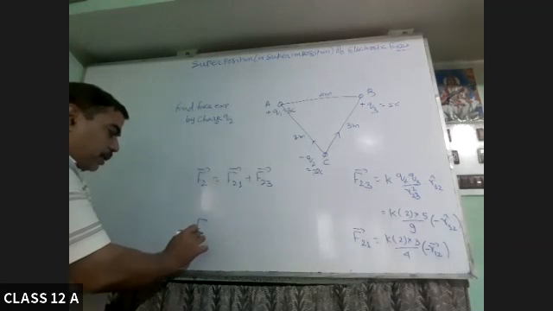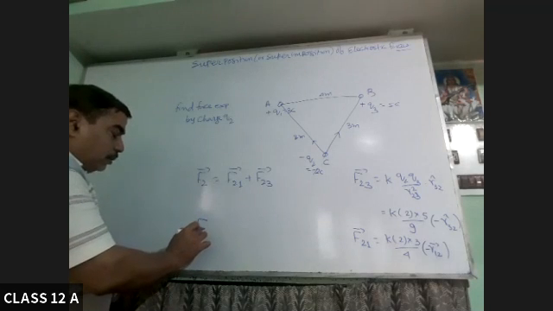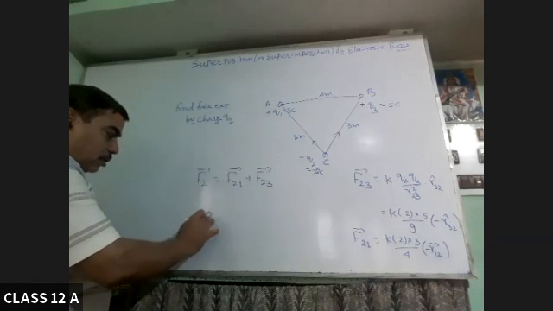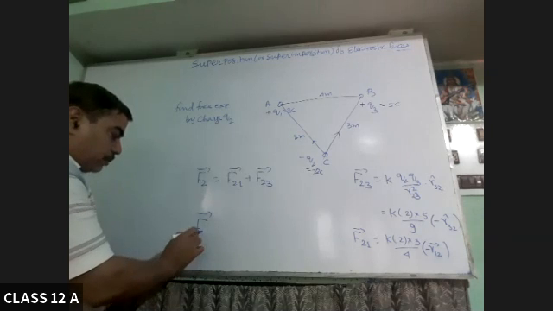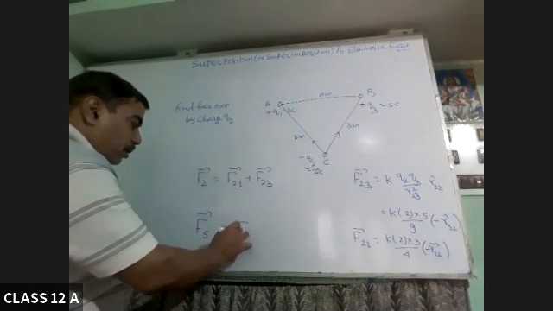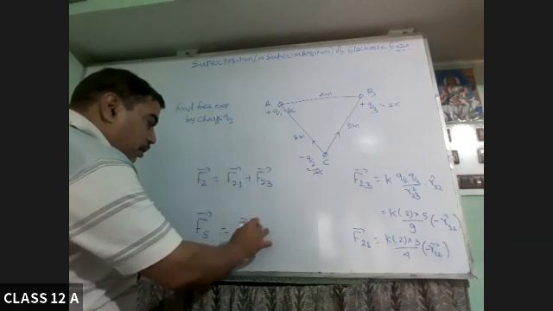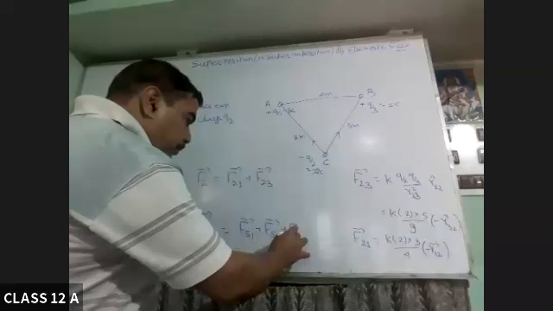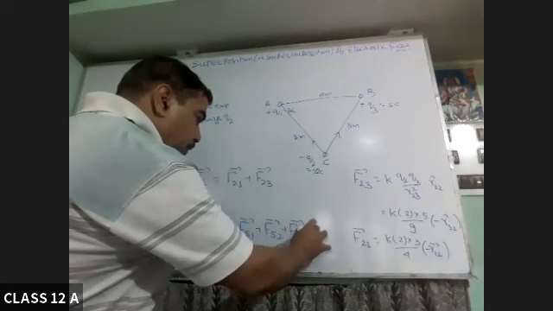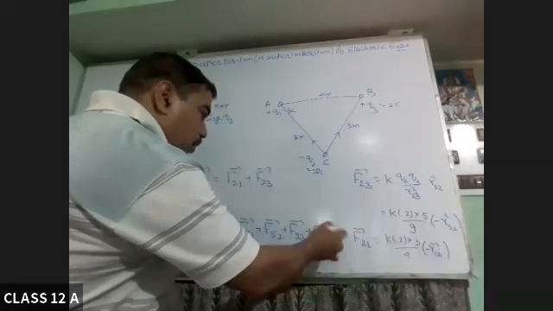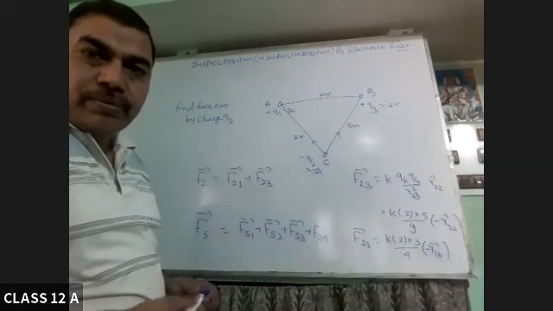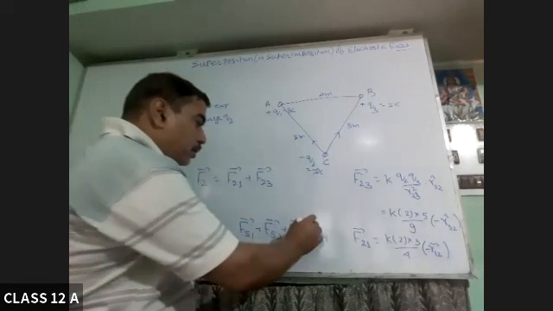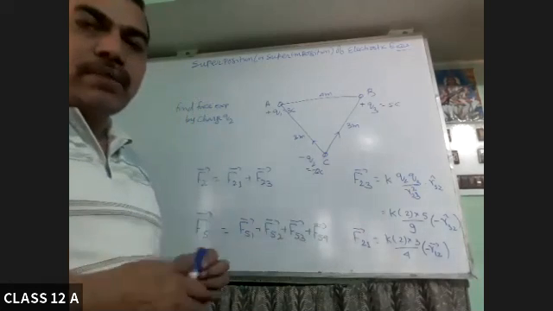For example, the force experienced by the fifth charge: due to the first, due to the second, due to the third, due to the fourth, and due to the fifth itself is 0 only, so no force will be there. So this way we will find the resultant of all the forces.